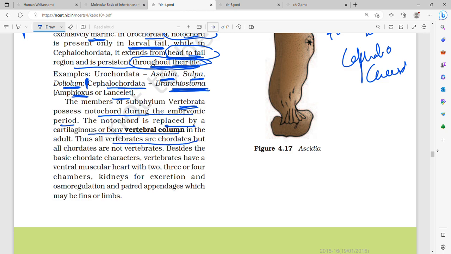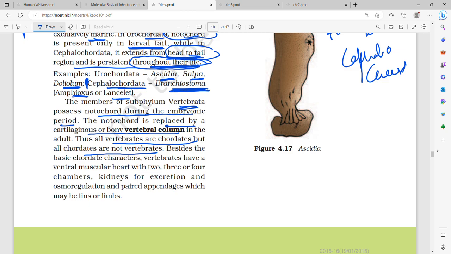Thus, all vertebrates are chordates, but all chordates are not vertebrates, because the vertebral column is only present in the Vertebrata subphylum.